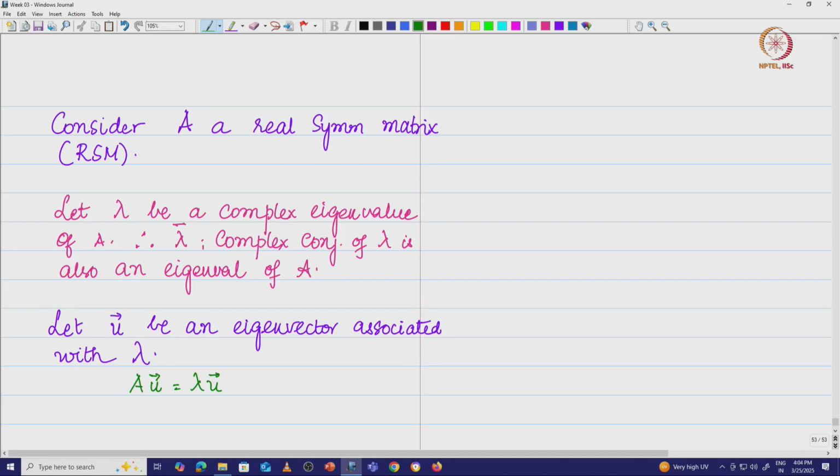Now I want to look at the length of this vector, lambda u, the whole squared, the squared norm. This is going to be lambda u dot u bar. Let me take this as lambda u dot u star, where I will take u star to be the complex conjugate eigenvector.